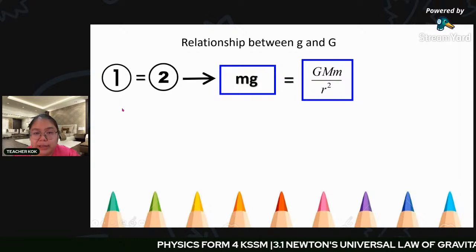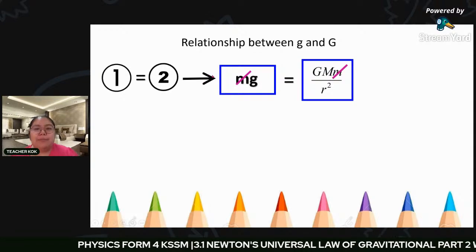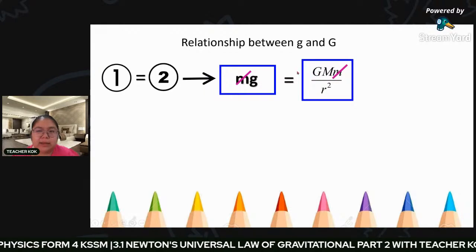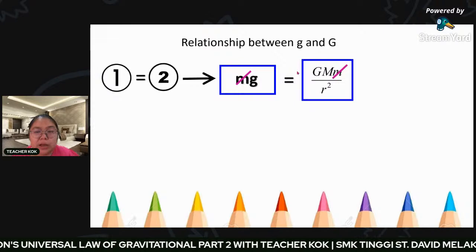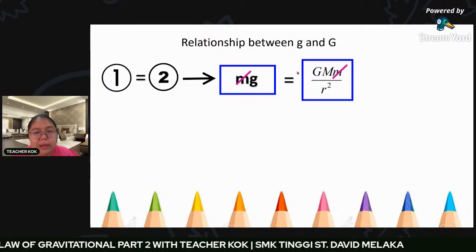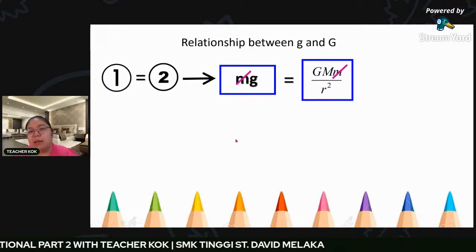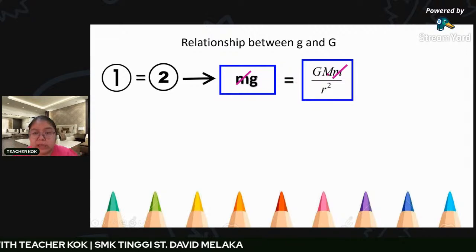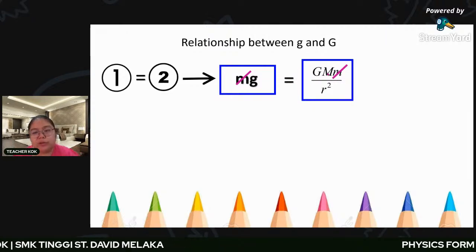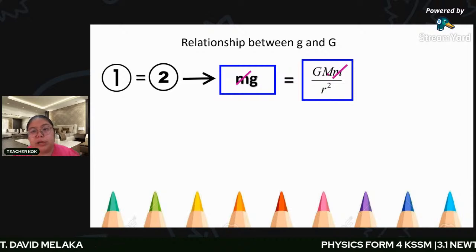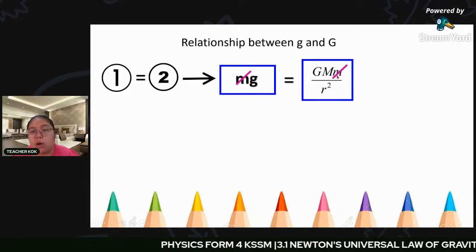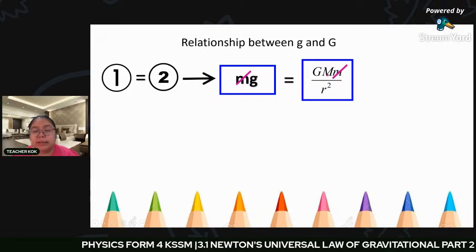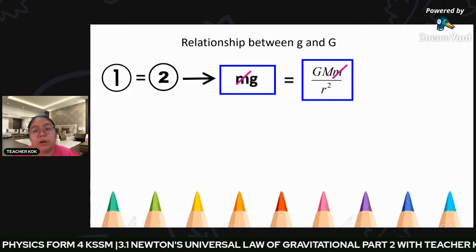Finally, what is the relationship? The small m, the mass of the object, is the same on both sides, so we can cancel it. The capital M is the mass of the Earth, because we are talking about the Earth and the object it pulls.